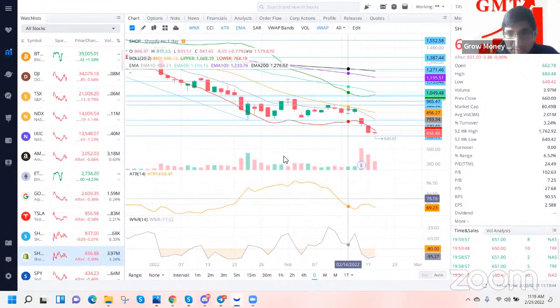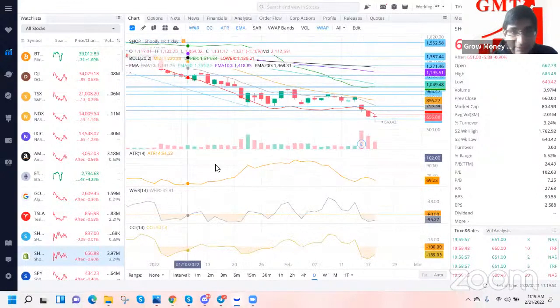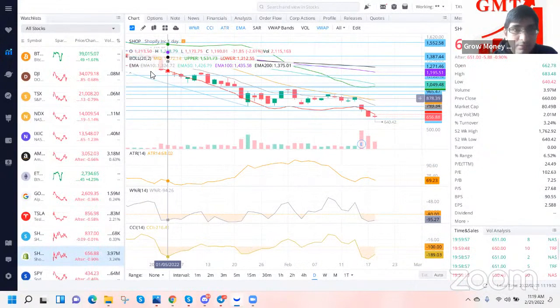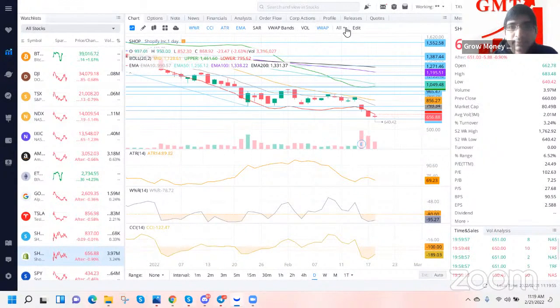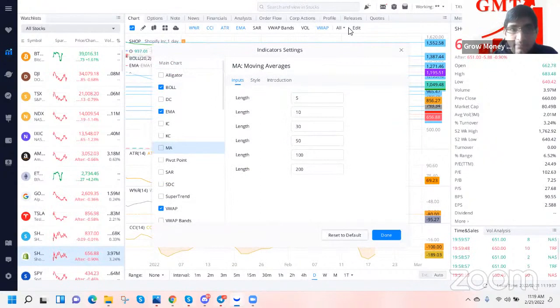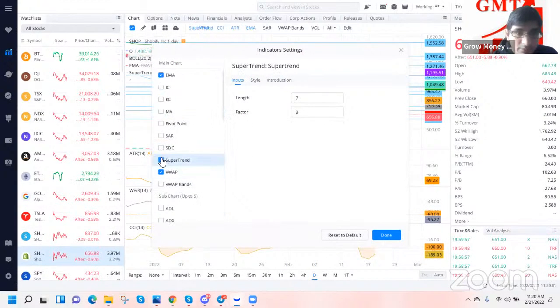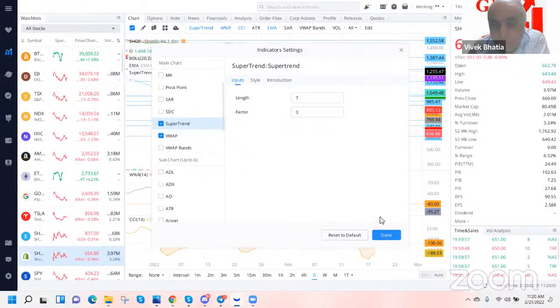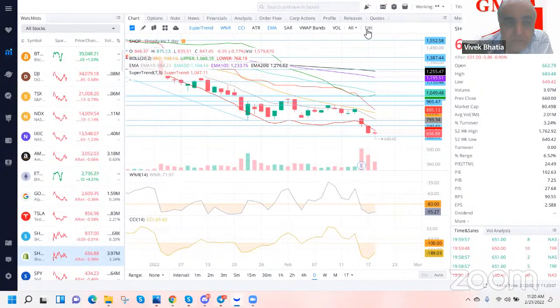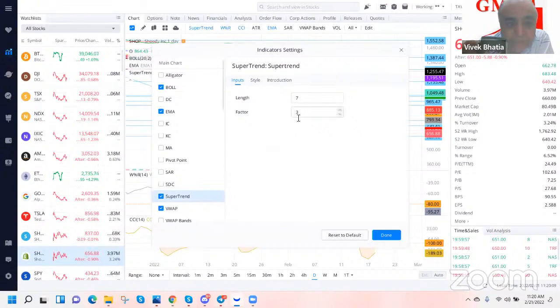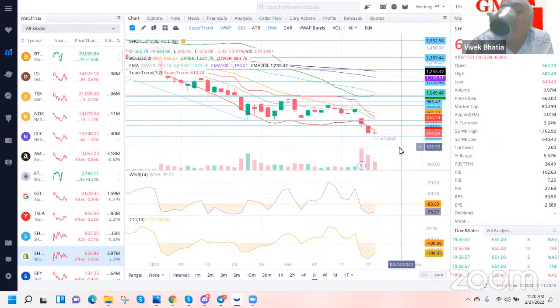Let me just add some more indicators here. We'll have CCI and remove the ATR. We'll have Super Trend, with settings 7-2.